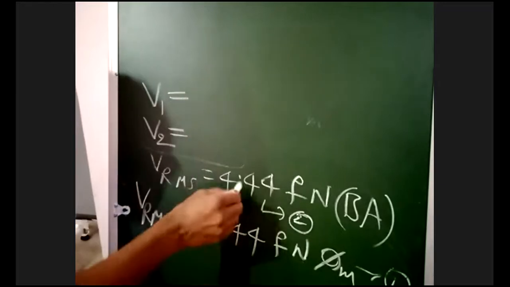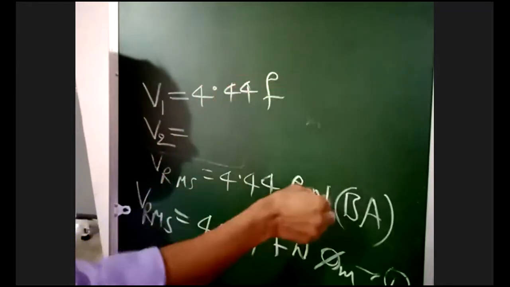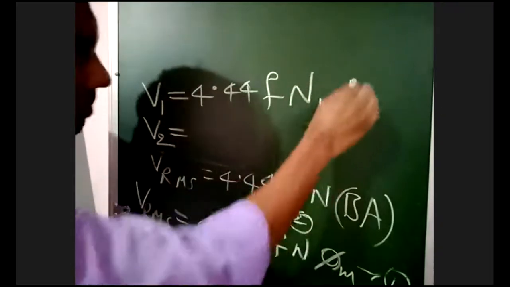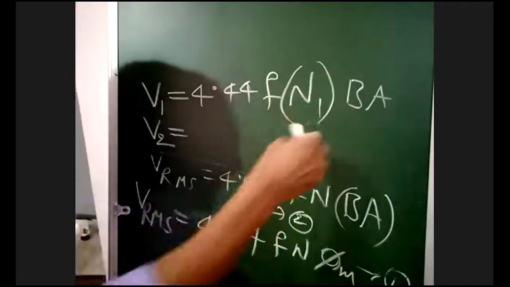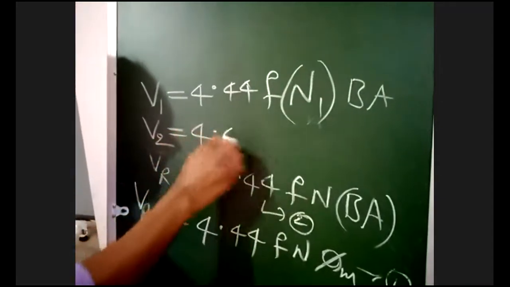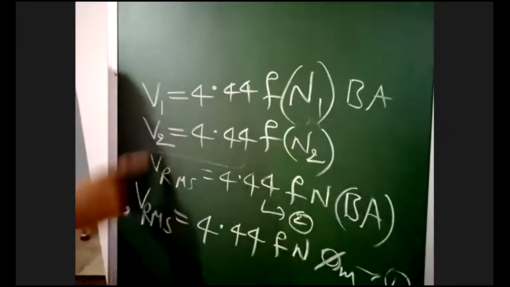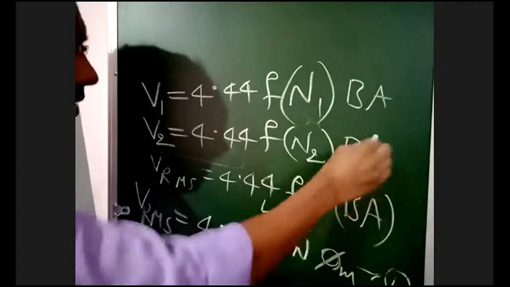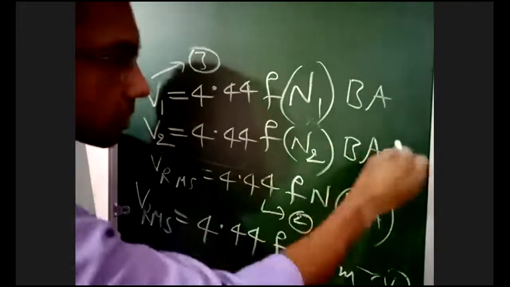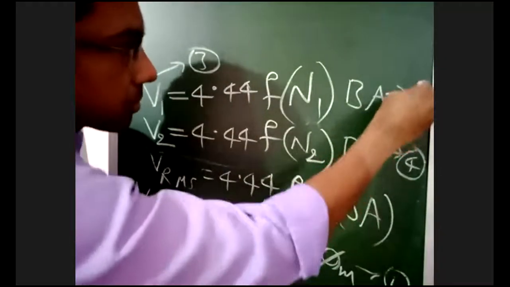Now I have 4.44 F. In place of N, what do you have to write? N1. I am representing V1 and N1. Similarly, here also V2 and what will you write? N2. If you take V2 here, I'll take N2. Let it be equation 3. Let it be equation 4.